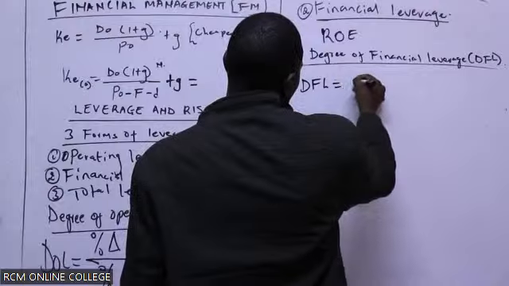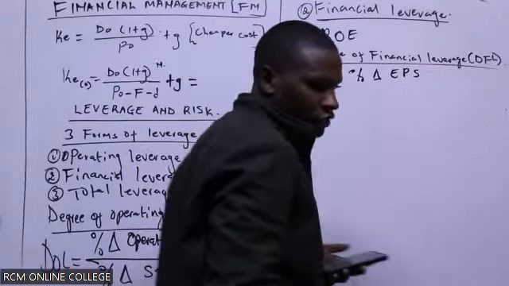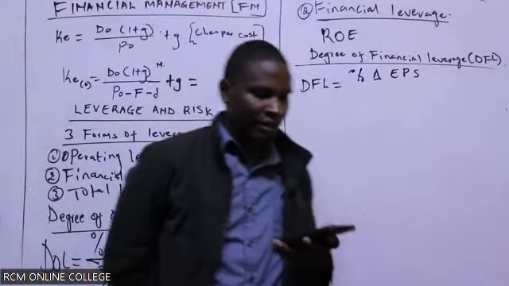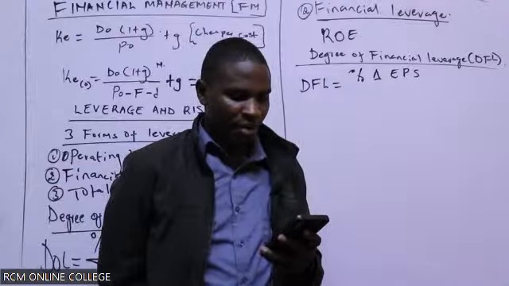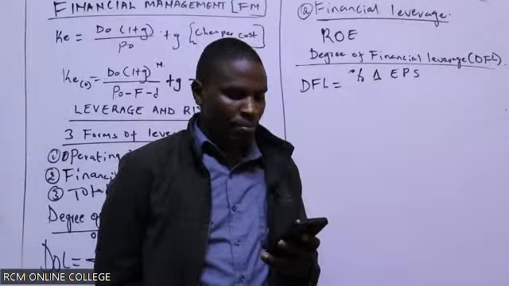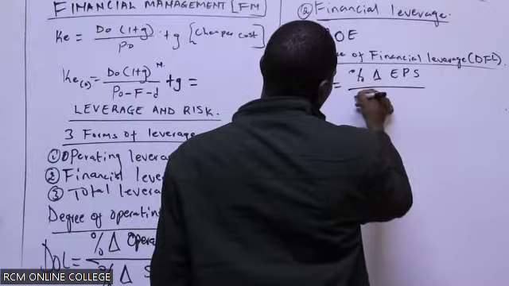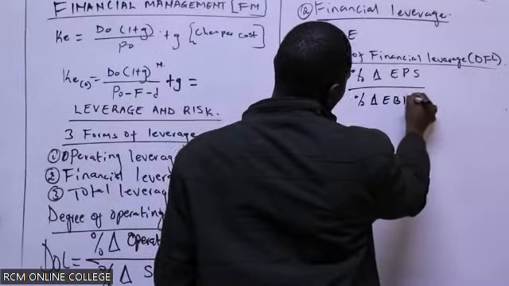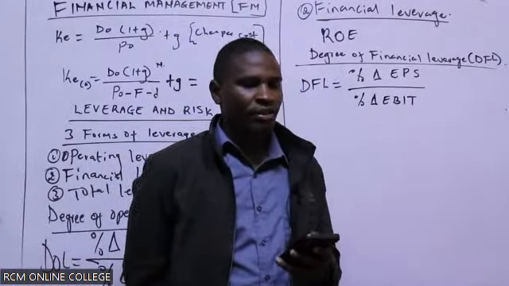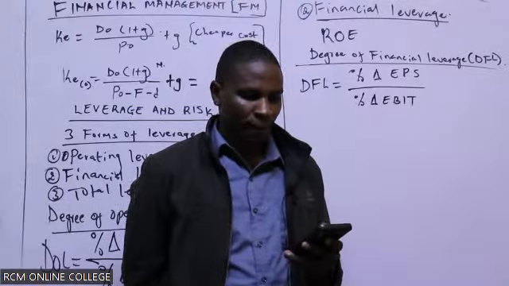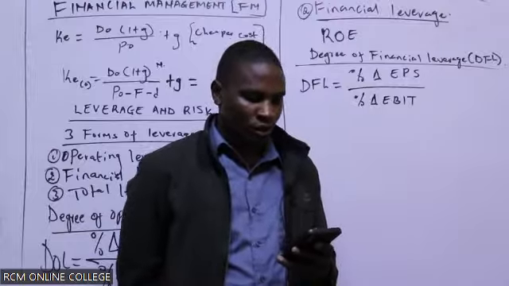DFL is equal to the percentage change in earning per share, divided by the percentage change in earning before interest and tax. Earning before what? Interest and tax.